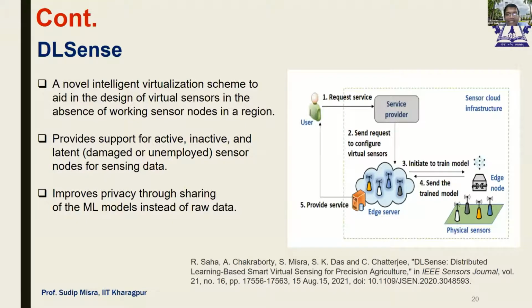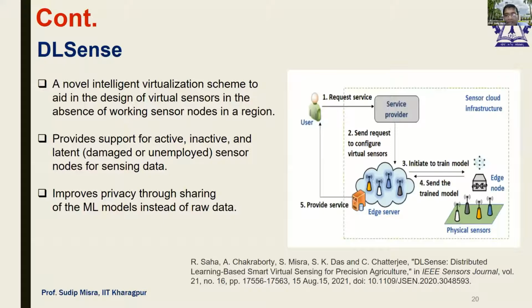So DLSense basically talks about the execution of deep learning algorithms on the data. The specific use case that we took is precision agriculture. However, DLSense can be applied for other application domains as well. Just as a case study, we took agriculture. It starts from the user requesting a service from the service provider.